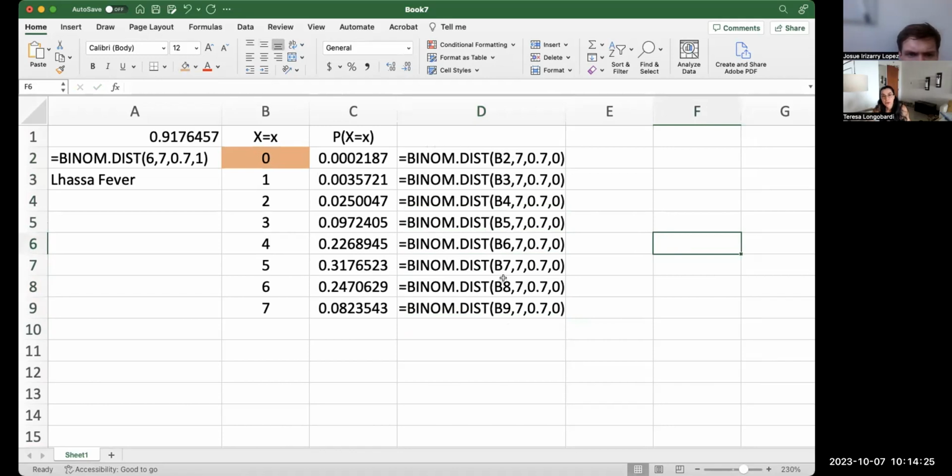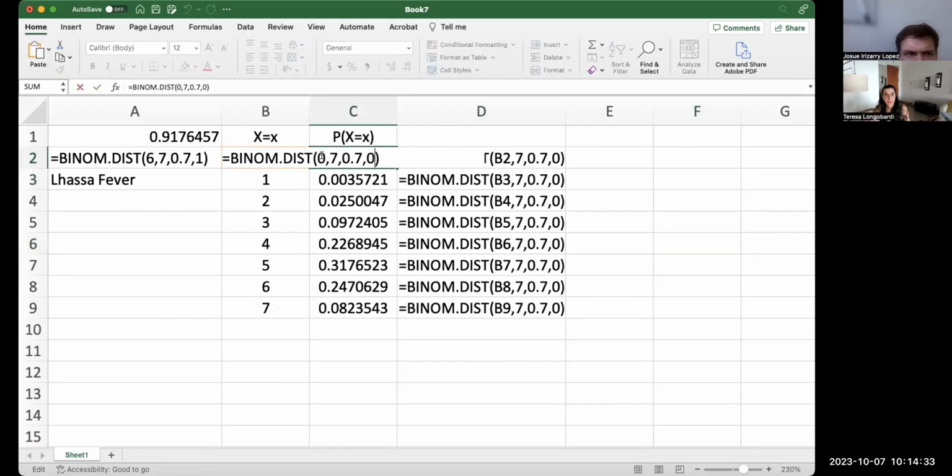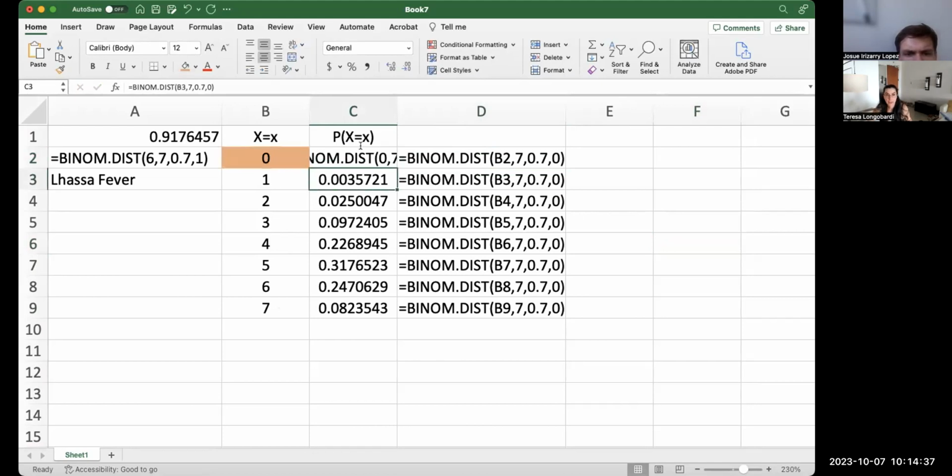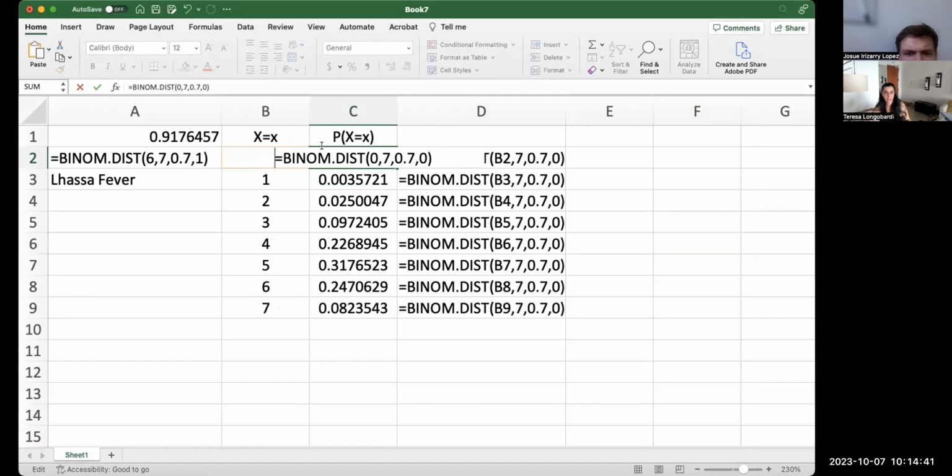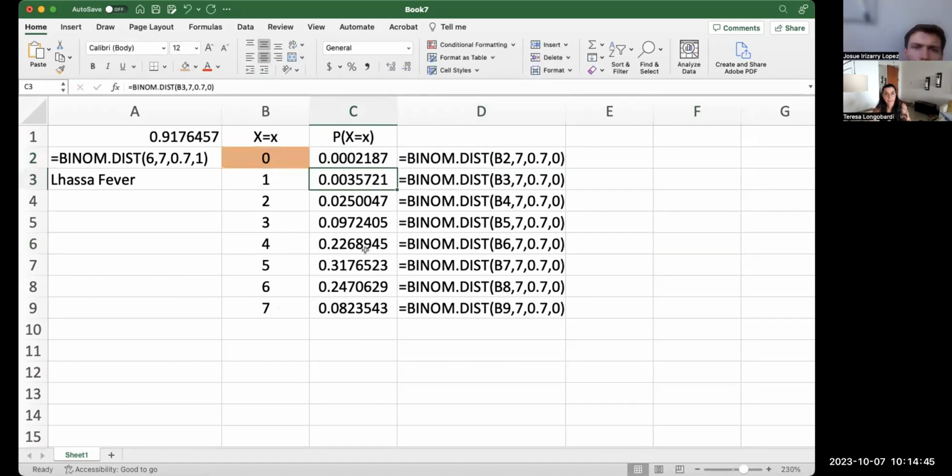Okay, so I just changed the formula so I could use this here, but Excel is smart and it just does it automatically. If I copy, it knows what I want. Any questions about that? So these should sum to 1.